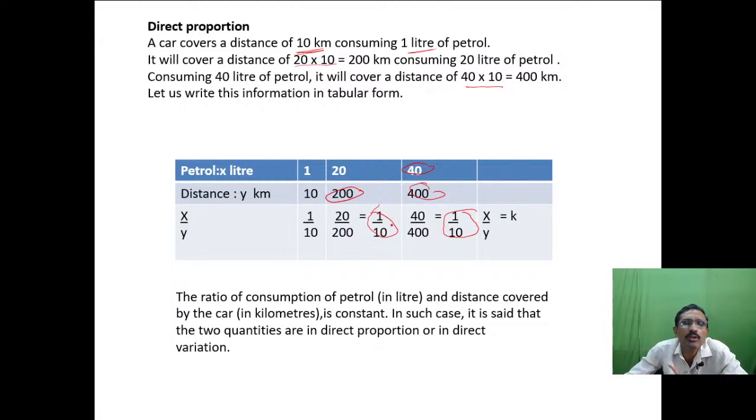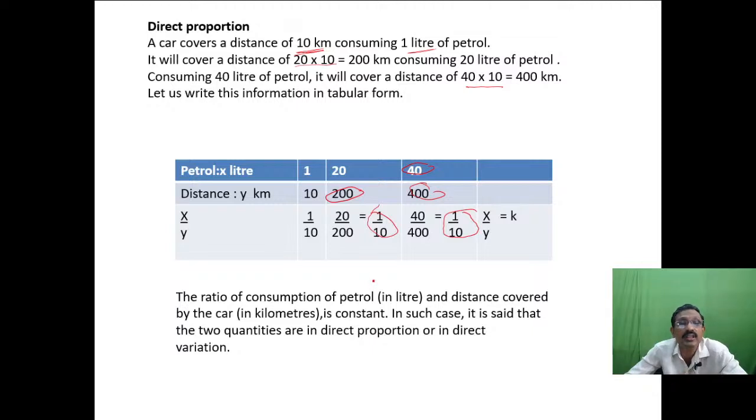From this, what do we find? We find that these two quantities have got the ratio as constant. So we say that in such a case, the two quantities are in direct proportion or in direct variation. What happens over here?